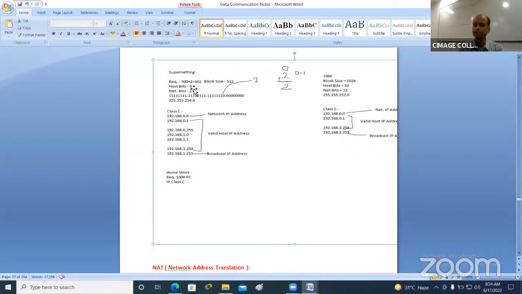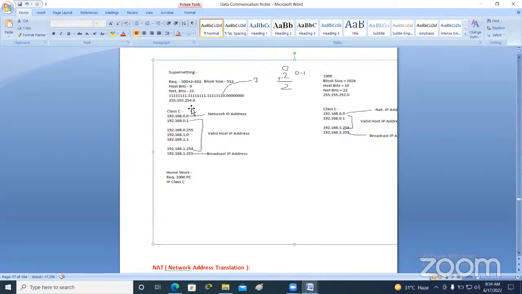Then the rest, 32 minus 9, is equal to 23. 23 will be the network bits. On the basis of these 9 and 23 values, the subnet mask will be this in binary form.